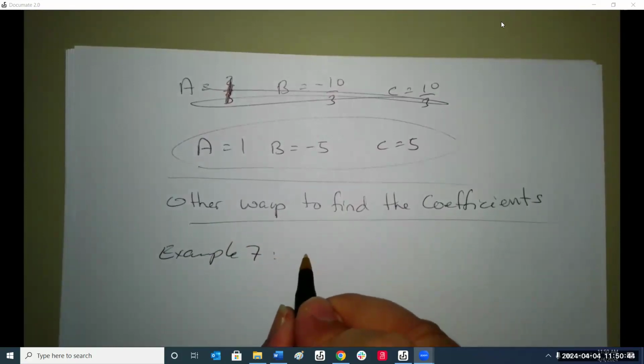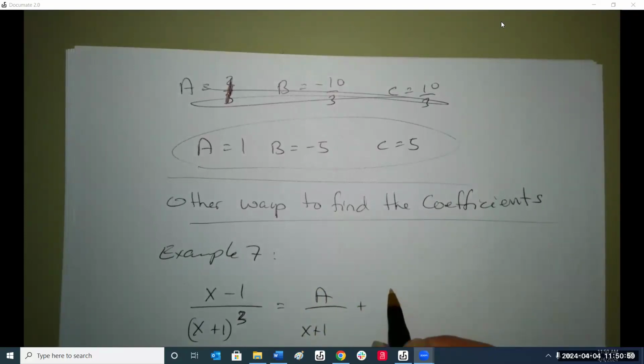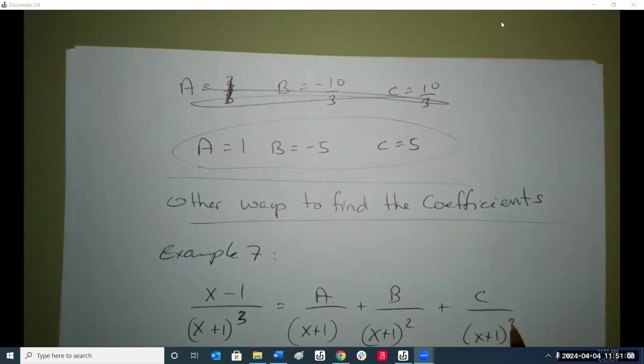(x minus 1) over (x plus 1) cubed equals A over (x plus 1), plus B over (x plus 1) squared, plus C over (x plus 1) cubed.